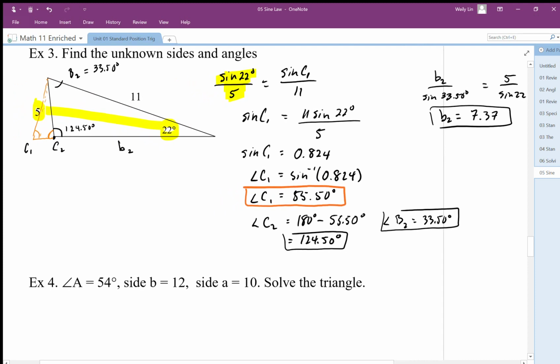Now this is an issue with the ambiguous case. When we have angle side side, we have to consider that it could have been this 55.50 degrees. If that's the case, then angle B1 would be 180 minus 22 minus 55.5, and that gives us 102.5 degrees.